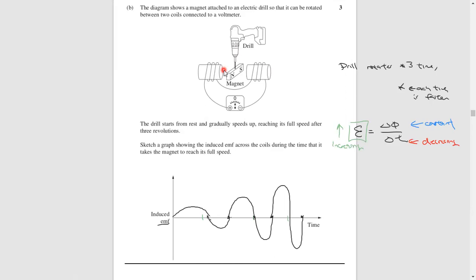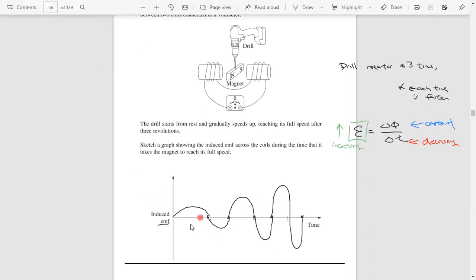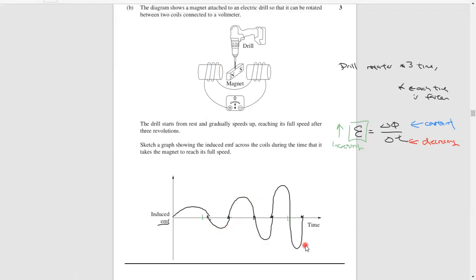The fact that the time is getting shorter for later turns. Of course, you've got your positive, negative, positive, negative, positive, negative induced EMF, opposing signs, and there's 3 sine curves, but asymmetrical, getting more cramped in terms of the period, the frequency is getting higher, and your amplitude is getting bigger. It's basically it. Not constant amplitude, not constant period.